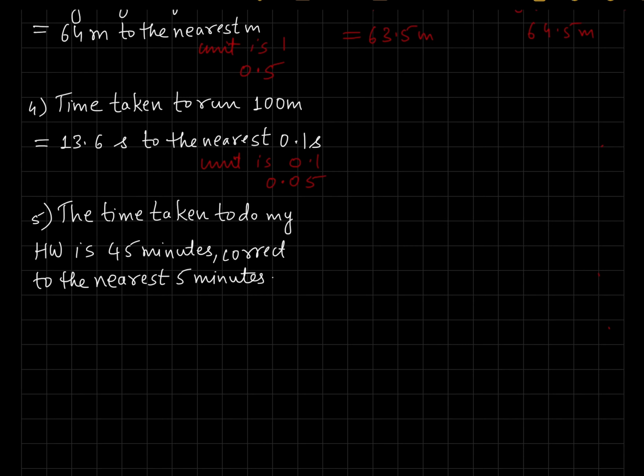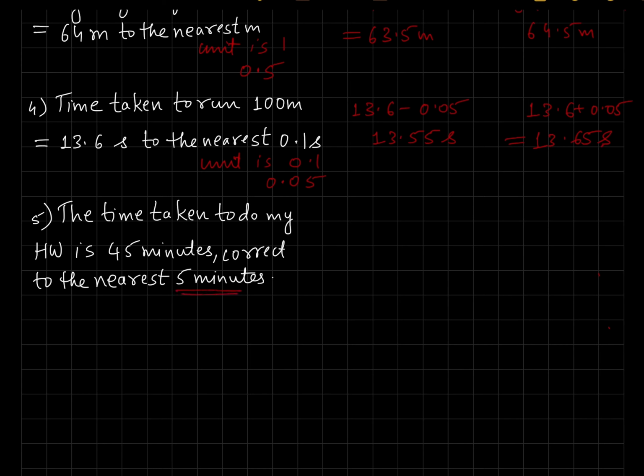So I will subtract 0.05 from it. 13.6 minus 0.05 gives me the lower bound, which is 13.55 seconds, and the upper bound will be 13.6 plus 0.05, which is 13.65 seconds.